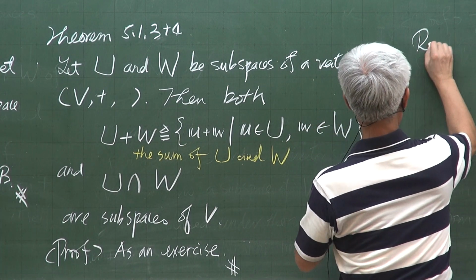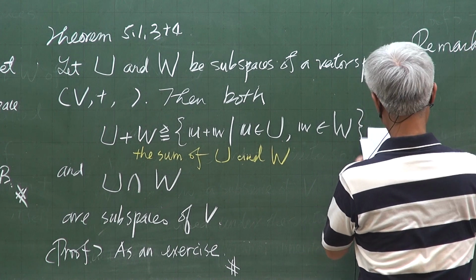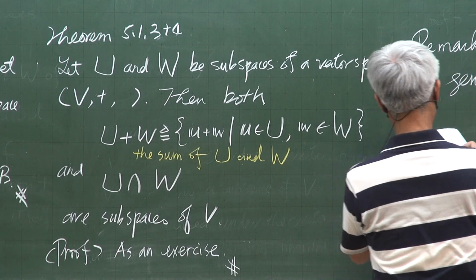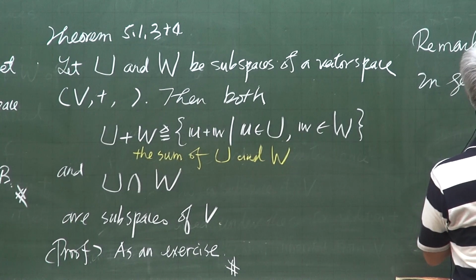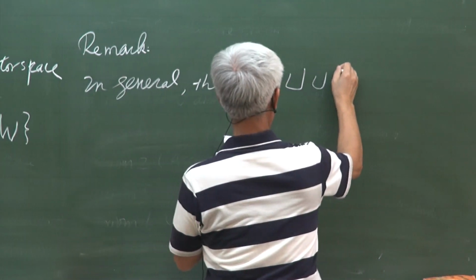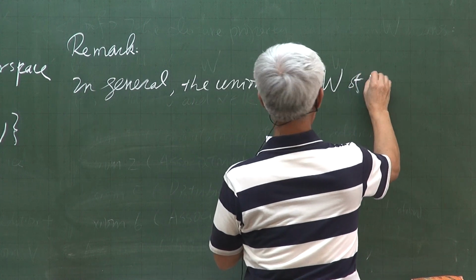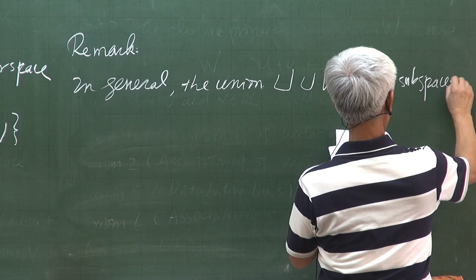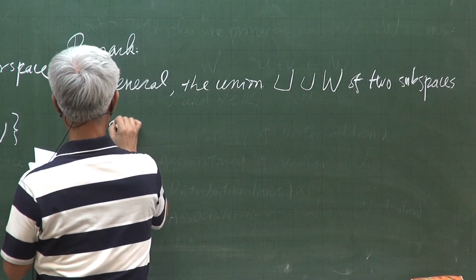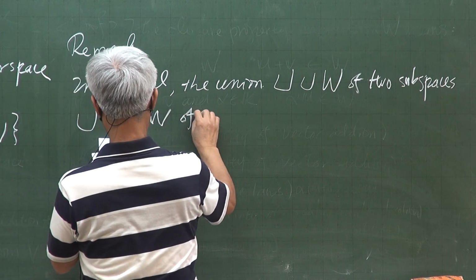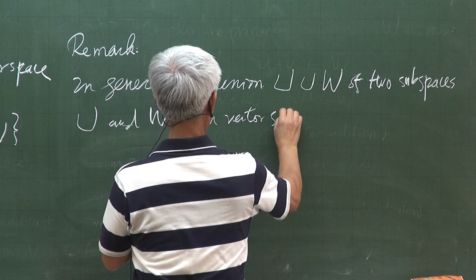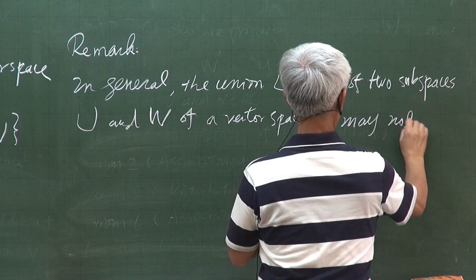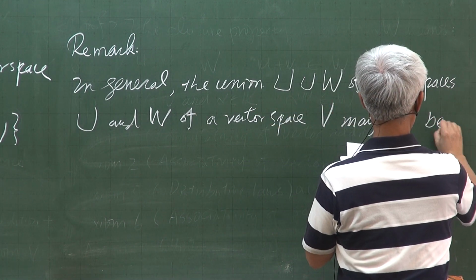But I want to make a remark. Okay. In general, the union of two subspaces U and W of a vector space V may not be a subspace.